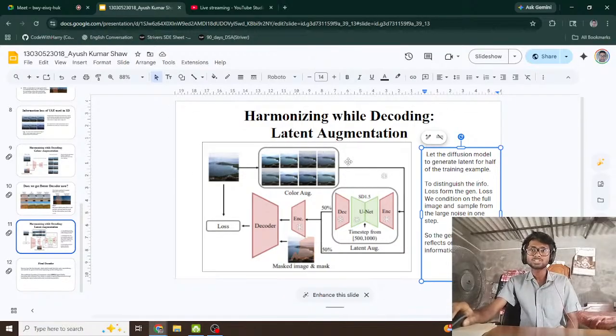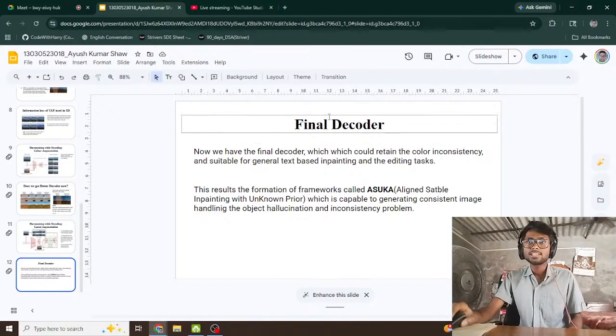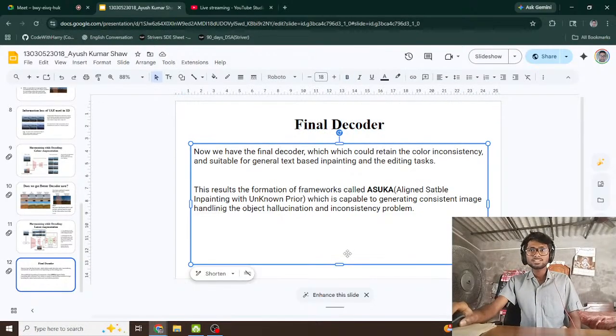So this total architecture helps to mitigate the color inconsistency problem in image inpainting. Finally we have a decoder which could mitigate both the hallucination problem as well as the inconsistency problem.